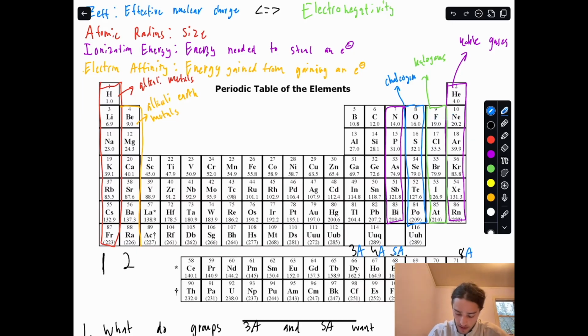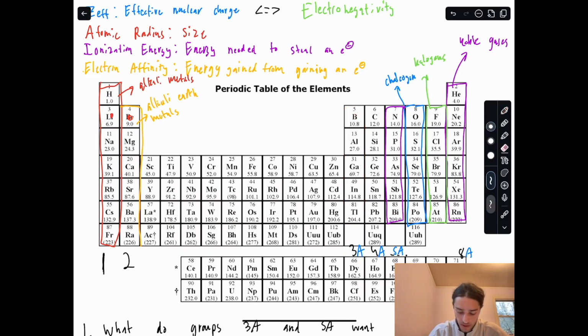So if we look at group 5A, then it's going to want to gain 1, 2, 3 electrons to become neon. Whereas if we look at group 3A, starting with boron, boron could gain 5 electrons to become neon, but actually it would be much easier for it to lose 1, 2, 3 of its electrons to become helium. So in that way, it can go back to a noble gas electron configuration.